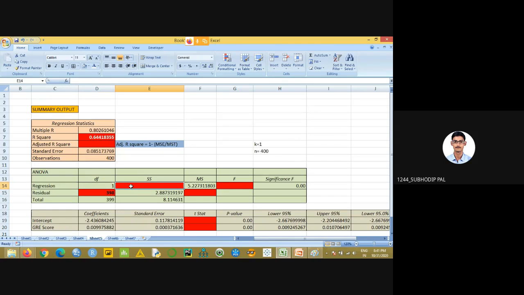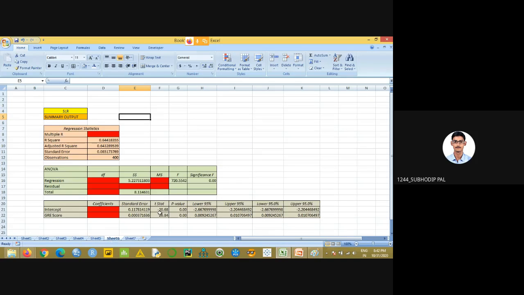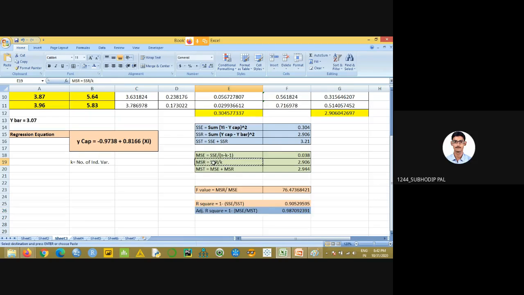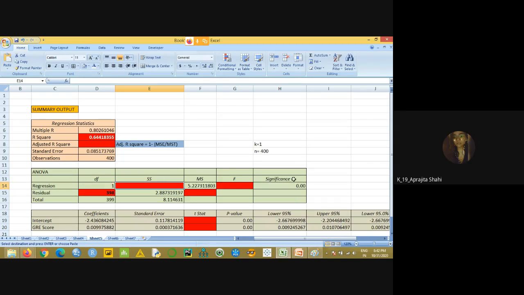Now I have to calculate this particular term, SSR, right? How do you calculate SSR? I know the MSR value and the degree of freedom value. MSR is equal to SSR divided by k.